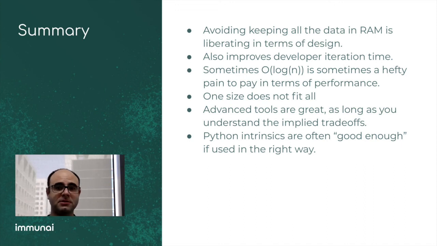So the final point is about tools. The truth is, there are some super great advanced tools that you could be using, like the CSR and CSC matrices in NumPy. They are fantastic. They are well optimized, they are well thought out, but you do need to understand the trade-offs that they represent. The same goes for Python. Python's arrays and lists and so on are actually wonderful tools.